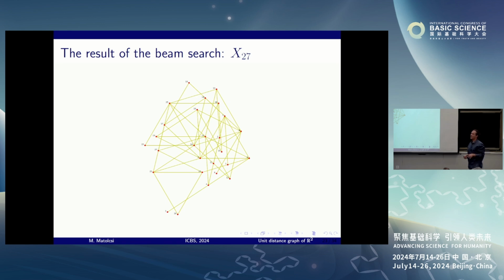But actually, the search is a little bit more clever, because after each step of the iteration, we get a new graph, possibly higher geometric fractional chromatic number, but then we try to throw away some of the vertices. We don't want to increase the number of vertices without reason, so to say.